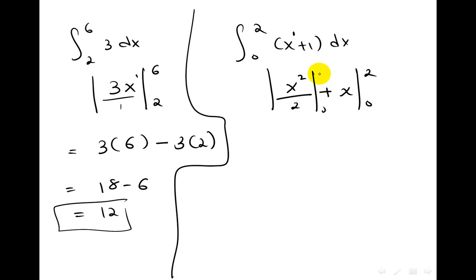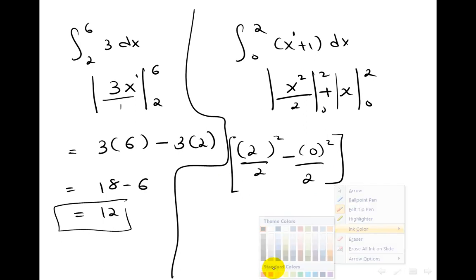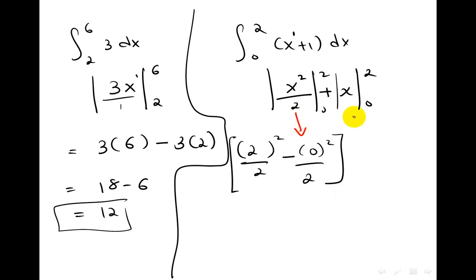Here you can easily do each one separately, then add them together. If we start with this, instead of x you put a 2, so 2 squared over 2 minus 0 squared over 2. For the other one, what's the sign between them?